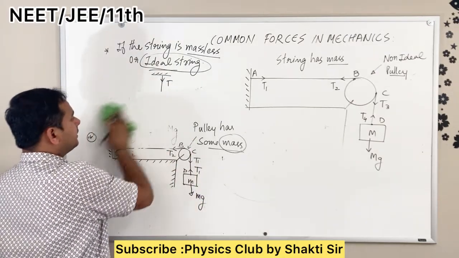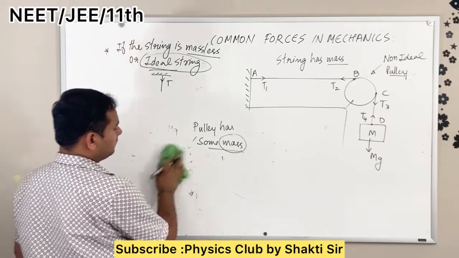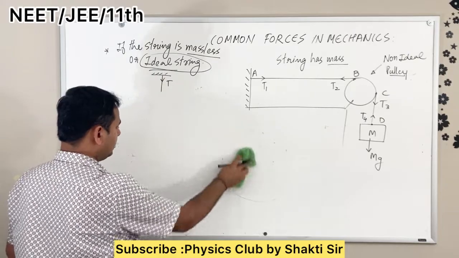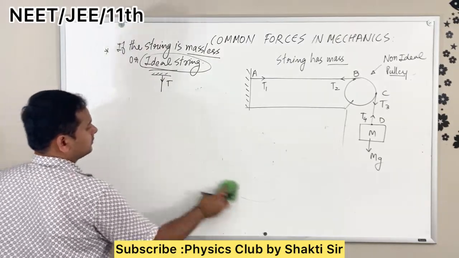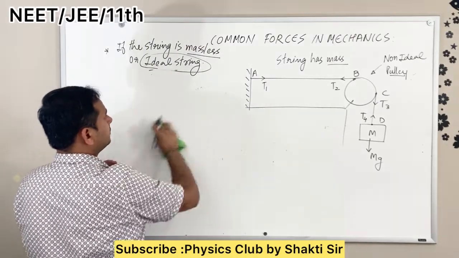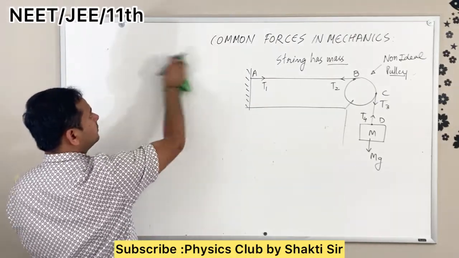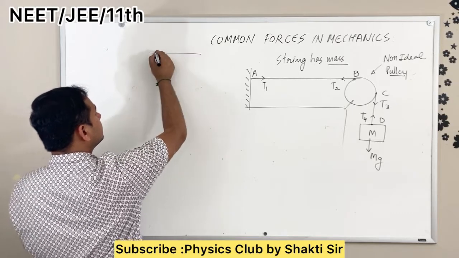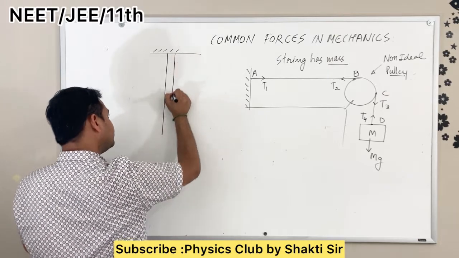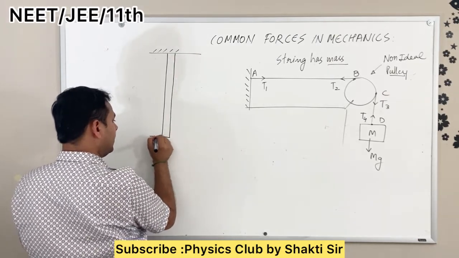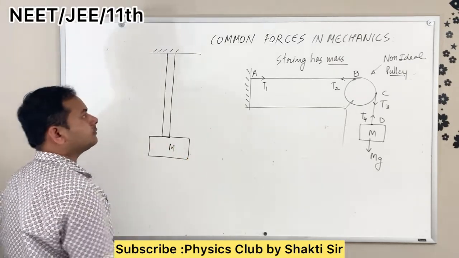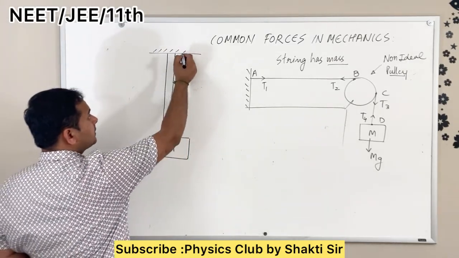One more diagram we can consider about the tension of the string, a simpler diagram. Let's say we have a situation something like this. This is a string and here is the block M. The string has mass.